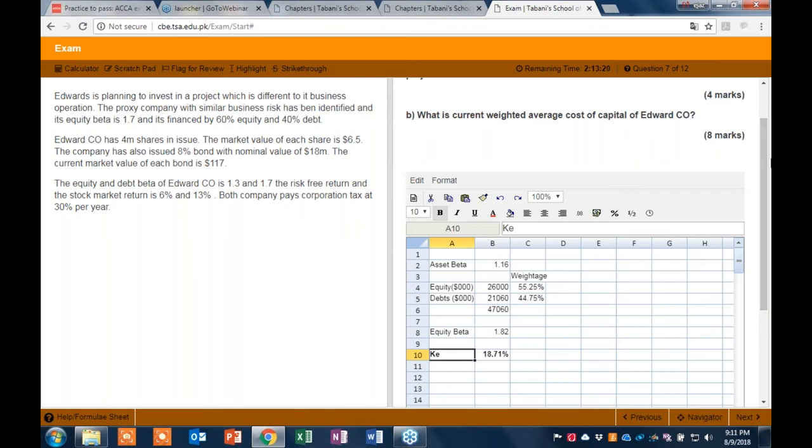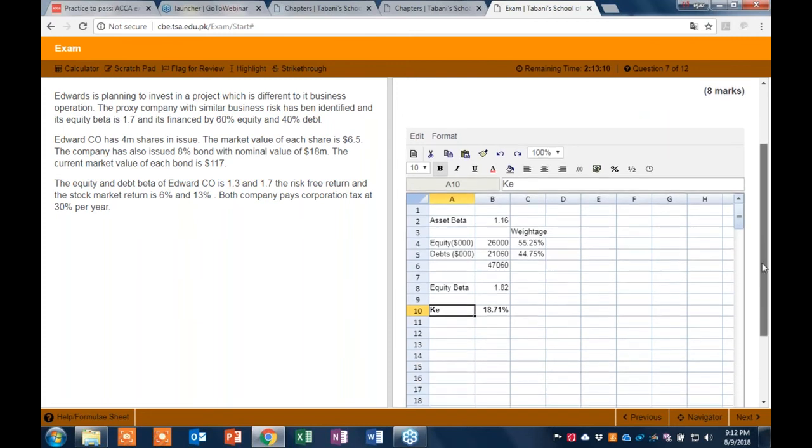Then the next part is, what is the current weighted average cost of capital of Edward Company? In this case, we need to find out the current cost of equity and the current cost of debt before we can calculate the weighted average cost of capital.